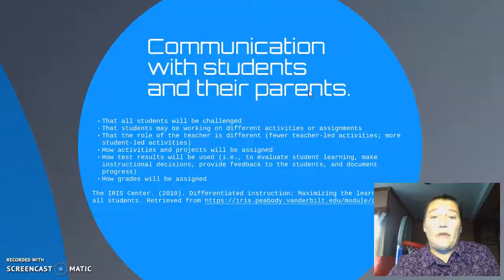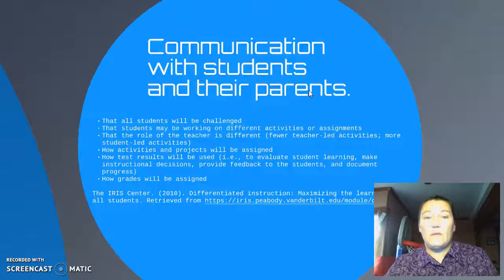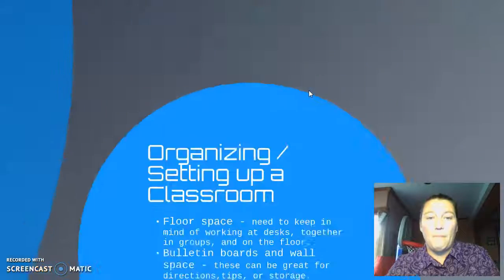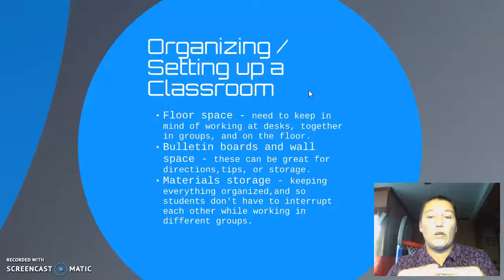The second would be the communication with the students and their parents. Obviously, everybody wants to know what's going on, and keeping everybody in the loop is a good way to keep everyone happy. Then organizing and setting up a classroom. To me, the perfect classroom is plenty of floor space for everybody to get together on the floor and do things and work in a group.